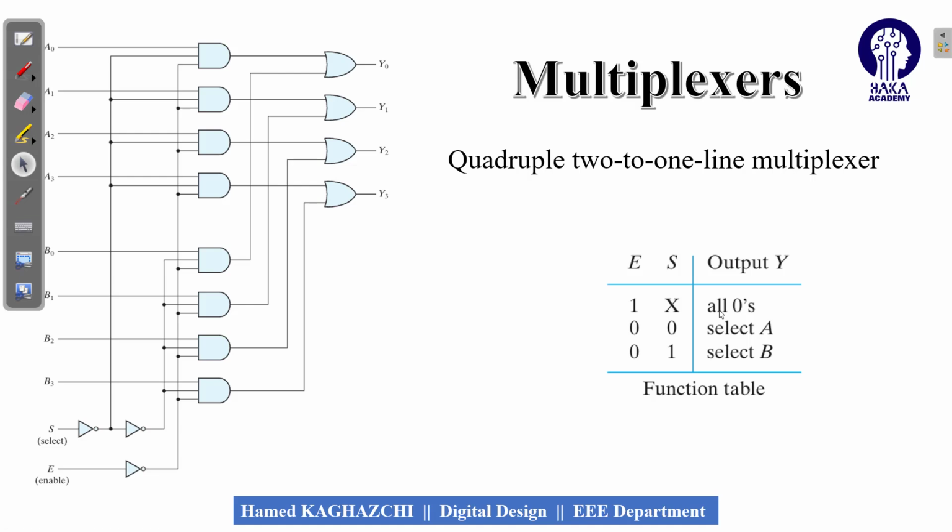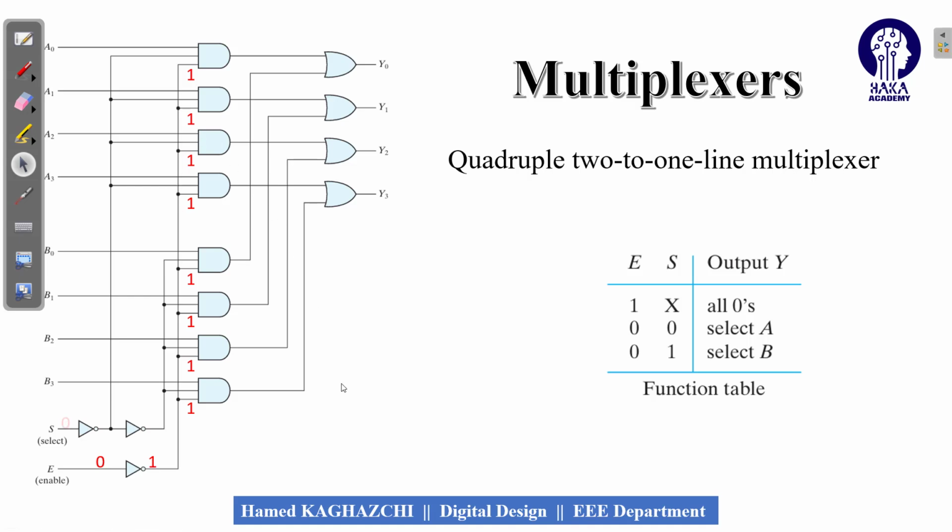Now let's look here, and I want to show you what's happening when enable is equal to 0. Again, here you can see that when enable is equal to 0, here will be equal to 1. Now all of these inputs will be equal to 1, as you can see here.